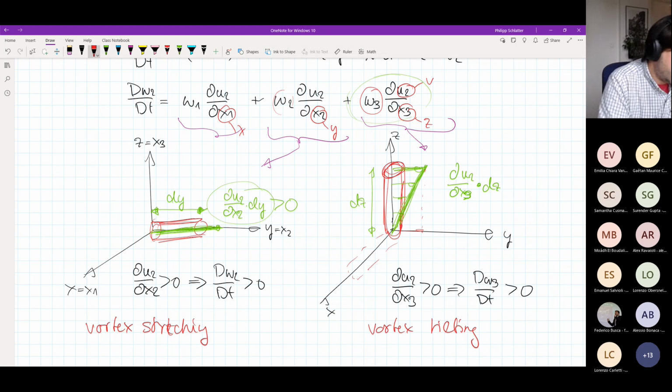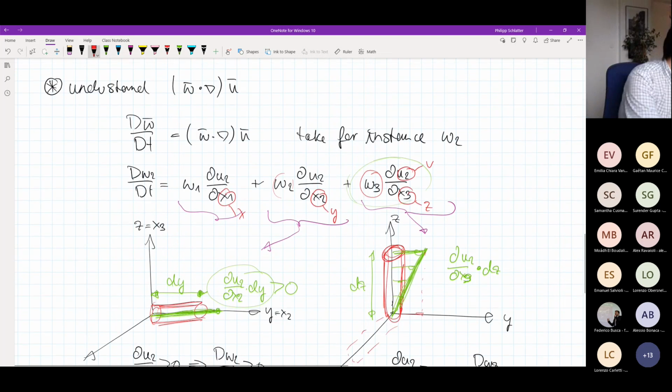All of them lead to a change of omega 2, either by stretching, as I was saying. So if you have already vorticity there, it will be stretched if the velocity gradient is aligned with it. And if the vorticity is looking in another direction, it would be tilted into omega 2.